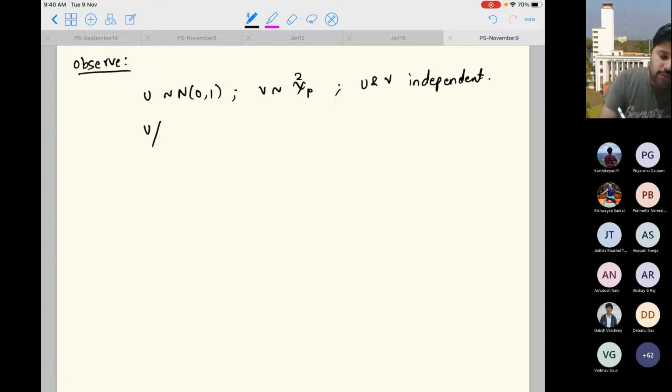Then U divided by square root of V by P, we know, follows the T density with P degrees of freedom. We already proved it. What we have just now proved is about U square divided by V by P. So what is the density of U square divided by V by P?